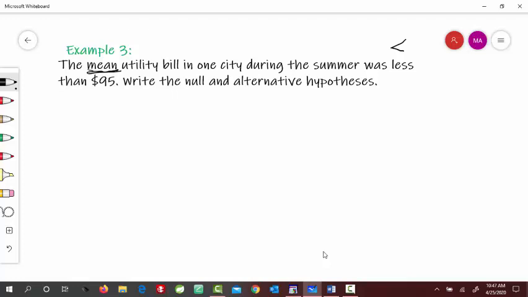The null hypothesis would be that mu always comes with an equal sign, equal to $95. The alternative hypothesis H sub 1 would be that mu is less than 95. It comes with the less than sign, so the test we would use would be left tail.